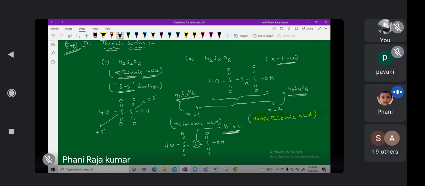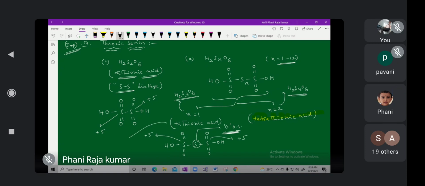This is very important, Nana. Generally, in the previous case, we have terminal sulfur, I put 0, but basically it is -2 sulfur. But here compulsory 0 only, because both sides sulfurs are there. It's not terminal sulfur. So therefore, left hand side sulfur is +5, right hand side +5.